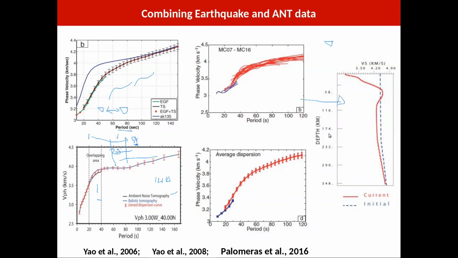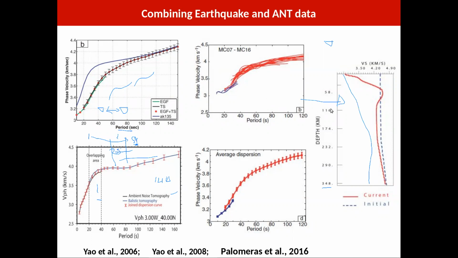Okay, so then it gives you a much better constraint from the shallow crust to the deeper mantle. You can even constrain your model up to 350 kilometers if you want, okay, by just combining the data.